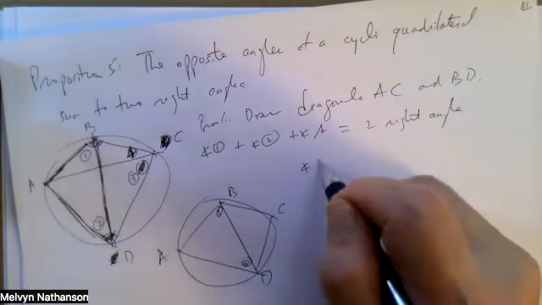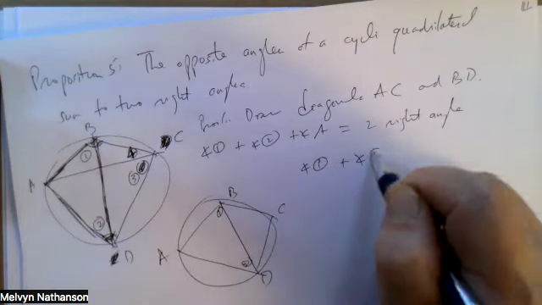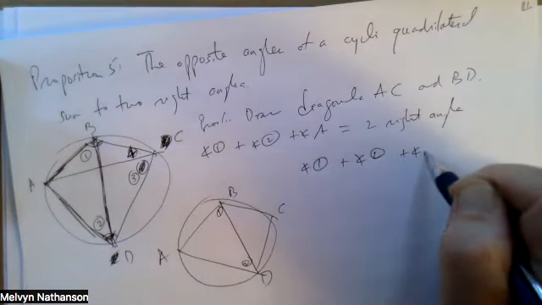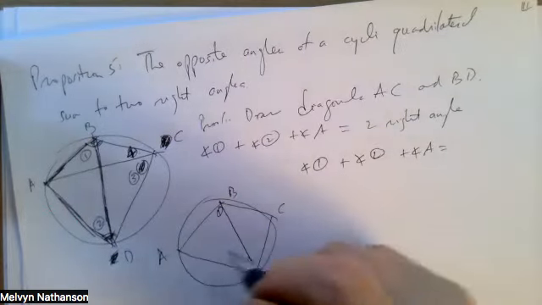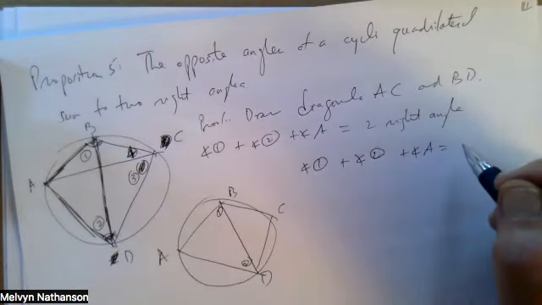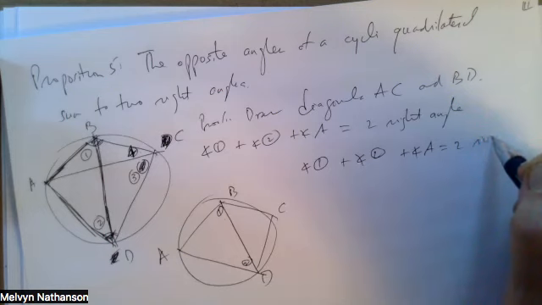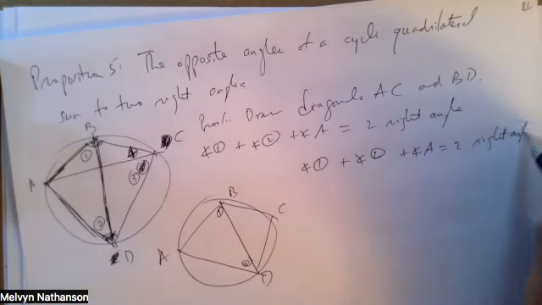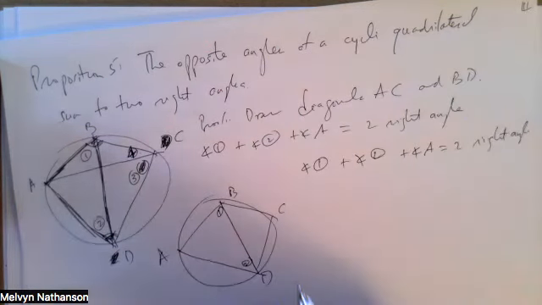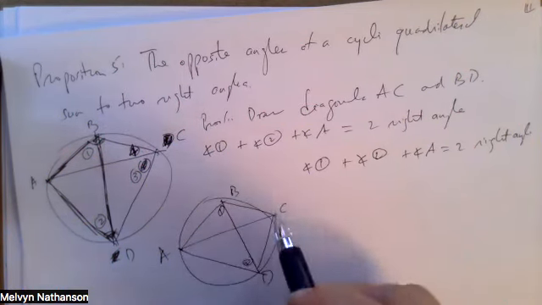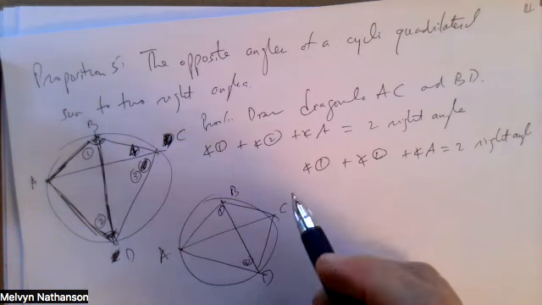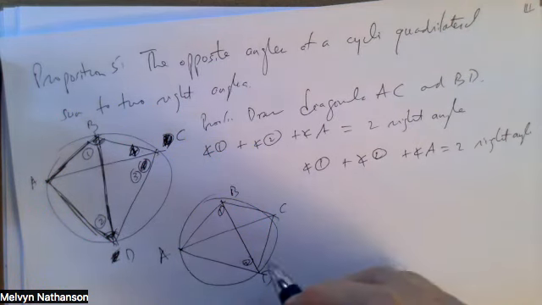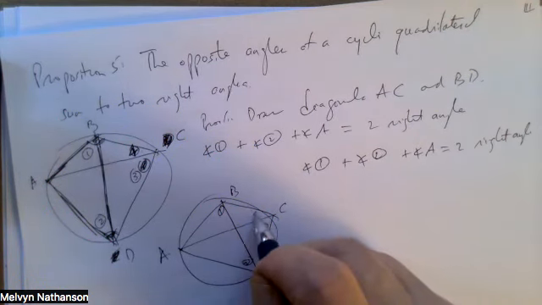So angle 1 plus angle 2 plus angle A, those are the interior angles of a triangle. They add up to 2 right angles. Let me draw this diagonal and call this angle 3 and this angle 4.